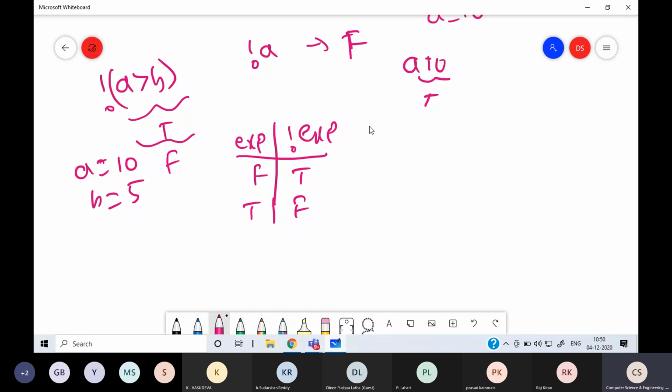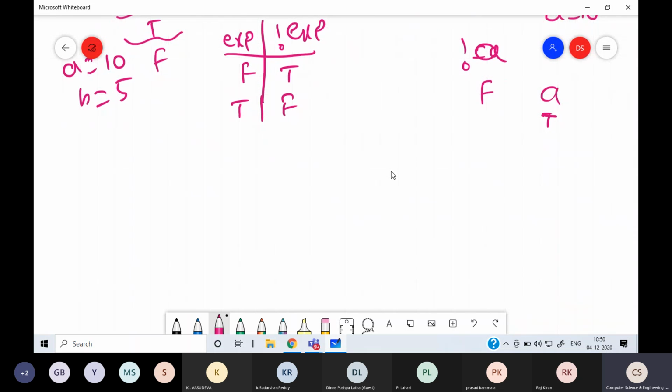Similarly here, not A, A is 10, and any value other than 0 is true. So not A is going to be false because A is not 0. This is how the evaluation is made.